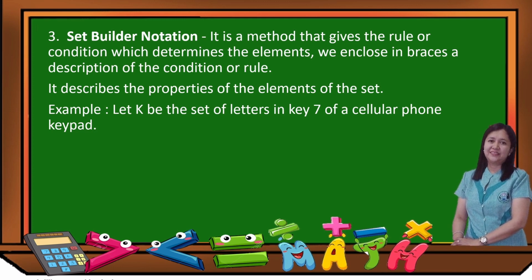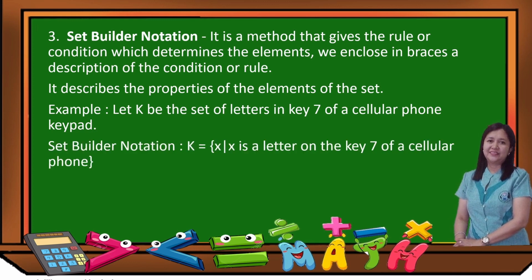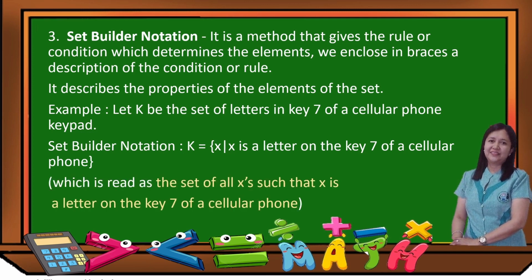Are you familiar with that? What are the letters in key 7? Will you please name them? Good. So set builder notation for set K is the set of all x's such that x is a letter on key 7 of a cellular phone. So that is how you are going to read the set builder notation.